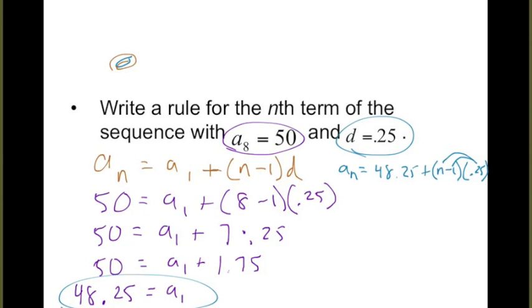Clean it up by distributing. So we get 0.25n minus 0.25. And then combine like terms gives 0.25n plus 48.